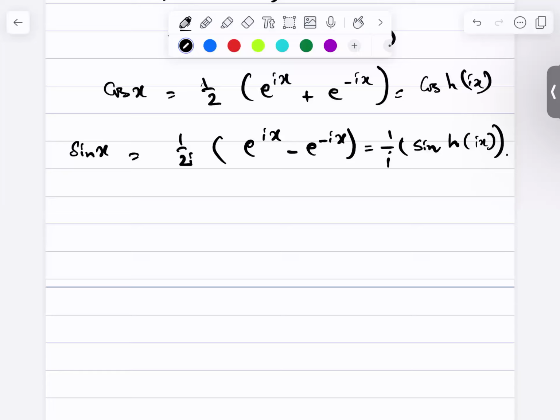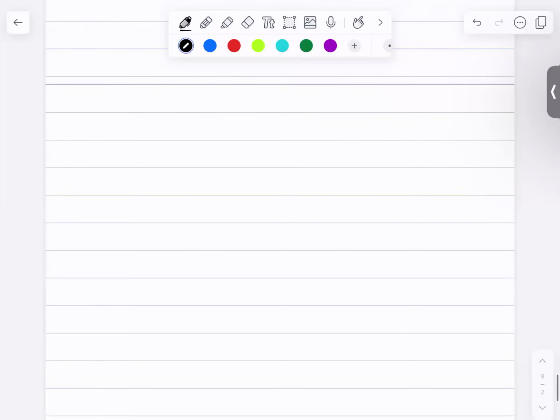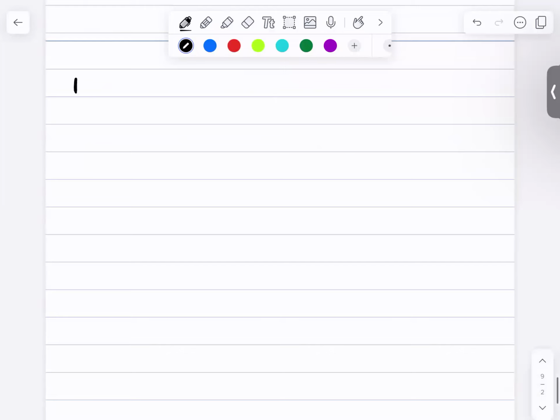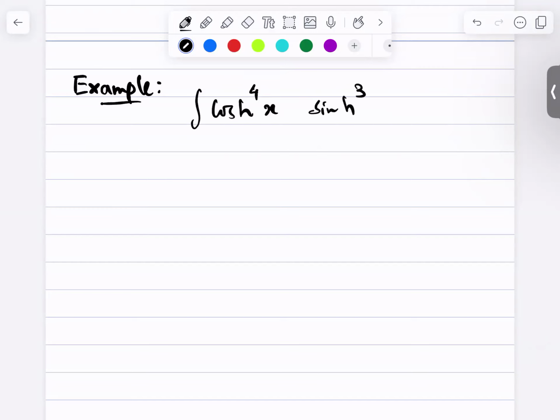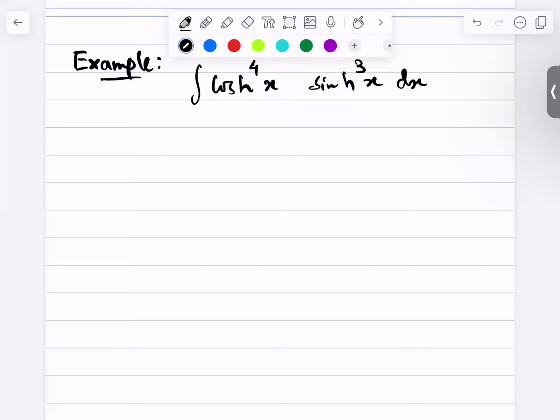So far, these were the ingredients that you might need to solve further, more complicated examples. So I'll solve some of them. Say the next example is the integral of cosine hyperbolic 4x times sine hyperbolic cubed x dx. You want to get this integration.